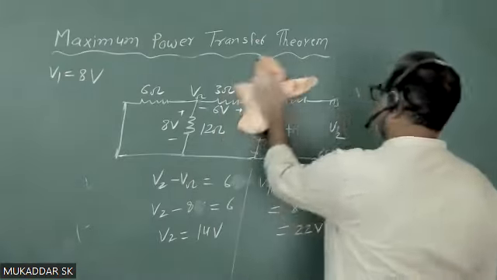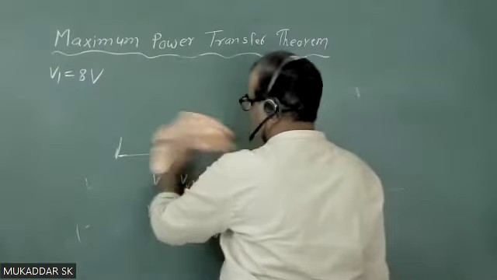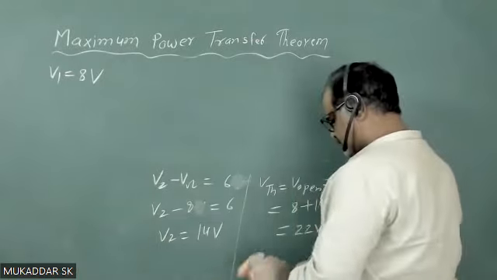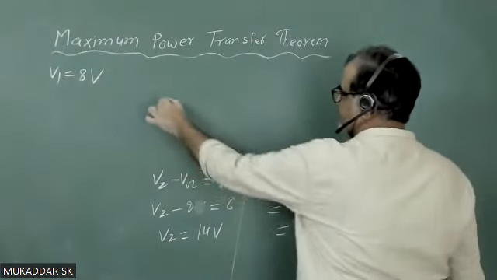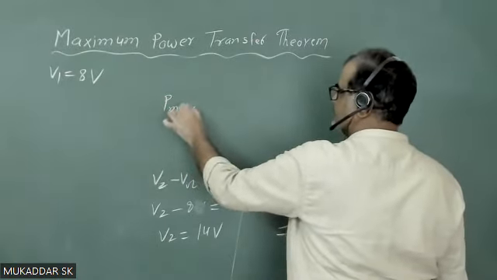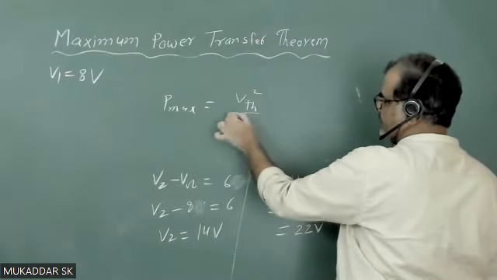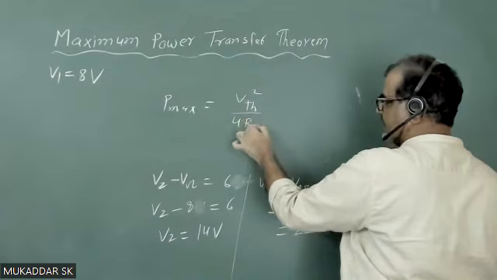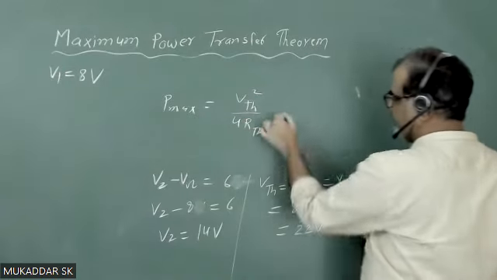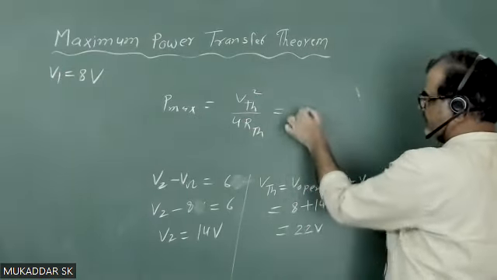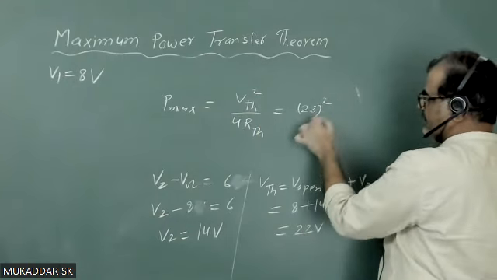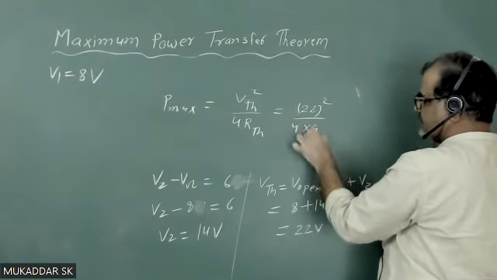Now for maximum power, I need to calculate P max. P max is V Thevenin square upon 4 R Thevenin. V Thevenin square is 22 square, and 4 R Thevenin is 9.